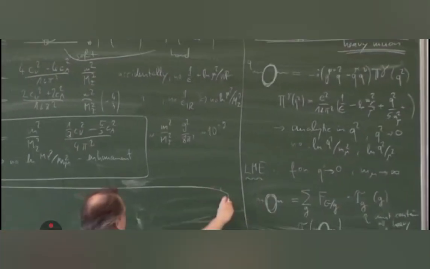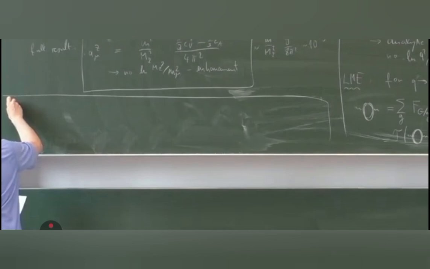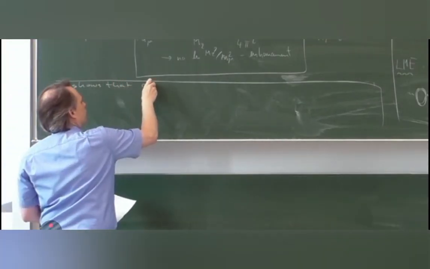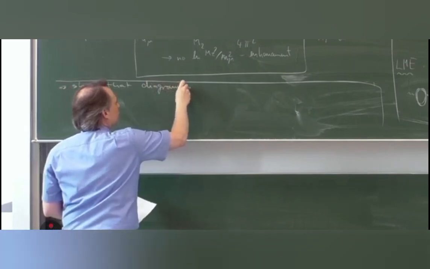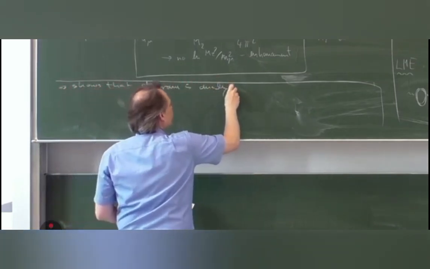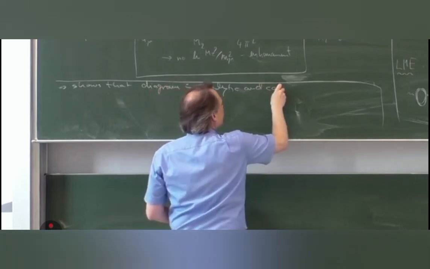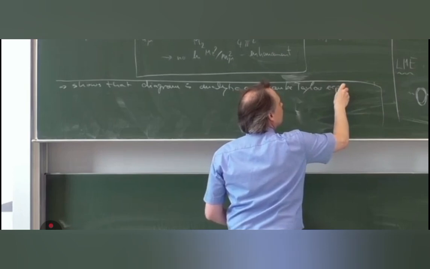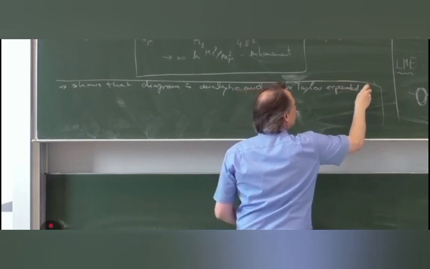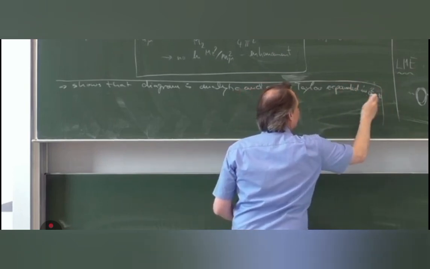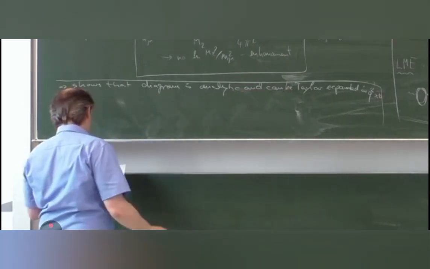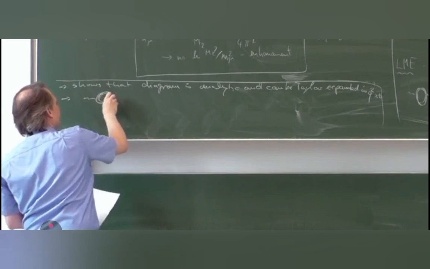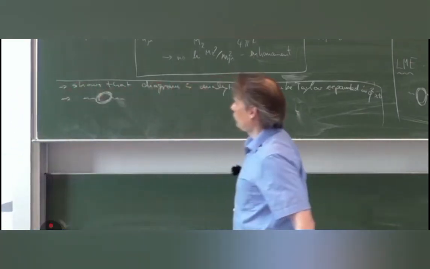Here, this shows that the diagram is analytic and can be Taylor expanded in Q square around Q square equals 0. And in terms of effective field theory, it has the following interpretation.